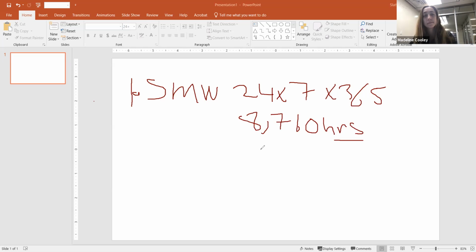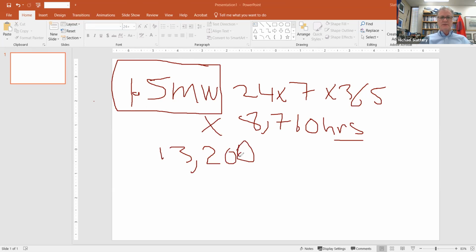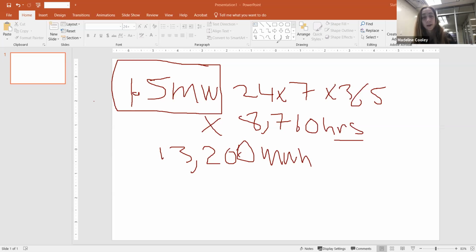So if that wind turbine is generating power right at its maximum capacity, then it's 1.5 times 8,760. That gives you 13,200, or whatever the exact number is. That's the total number of megawatt hours of energy that is generated by that wind turbine spinning every hour of the day for a year. Make sense?